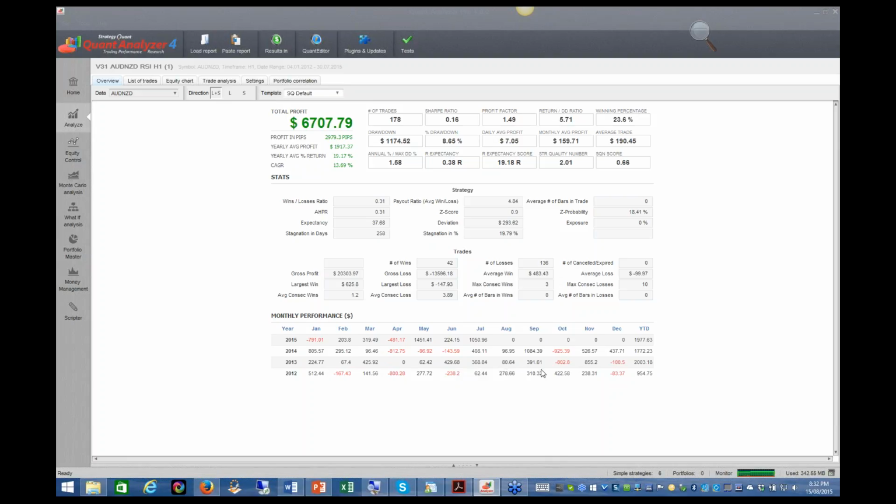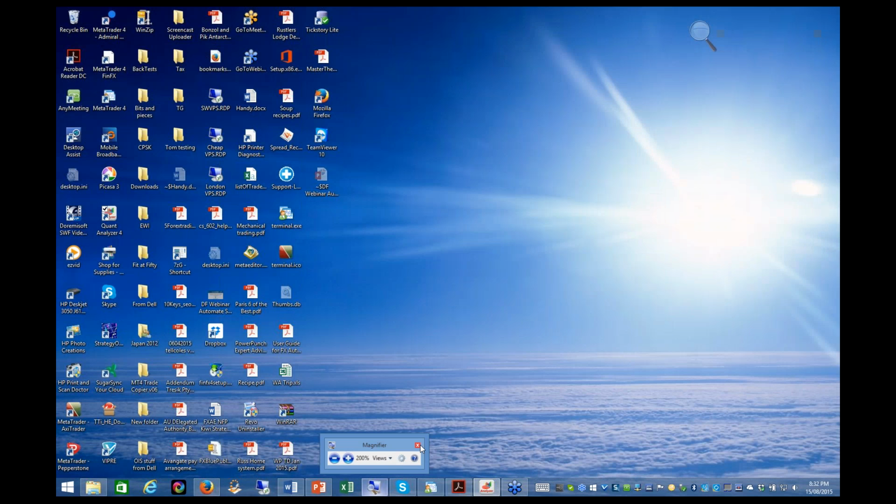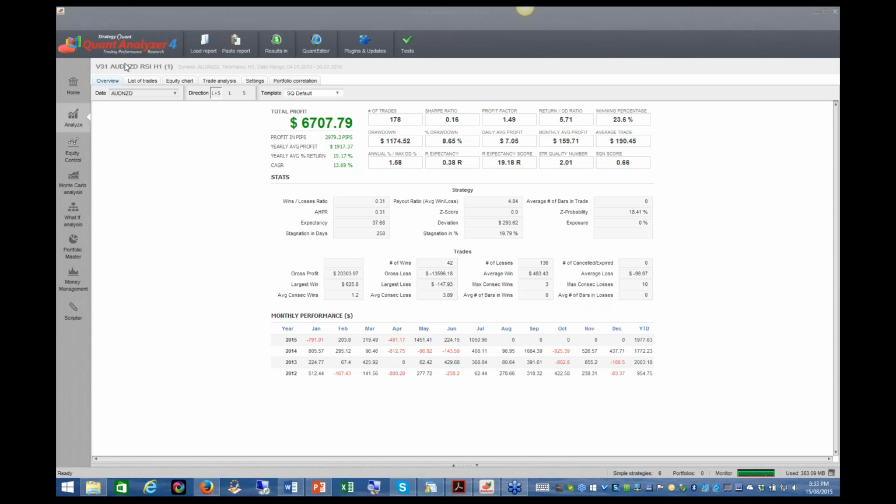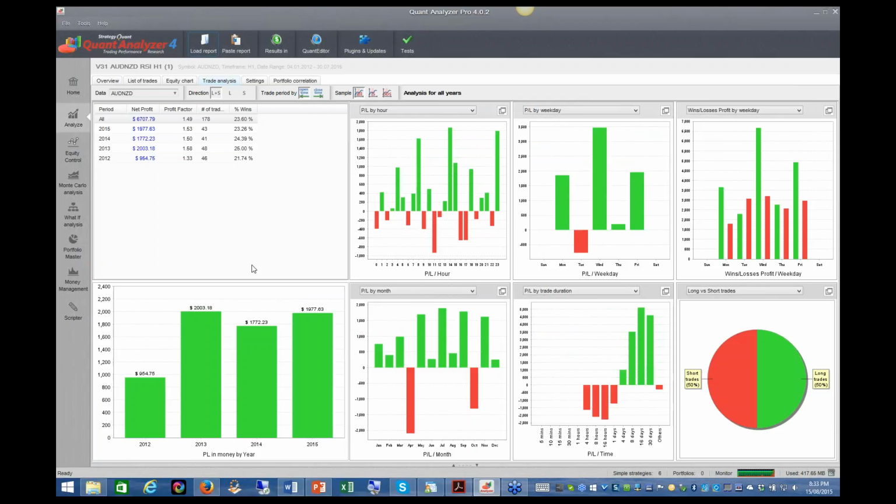And going forward, October, and so on. It's a nice little gadget, this thing, but it is painful. So the other one is to look at the trade analysis.